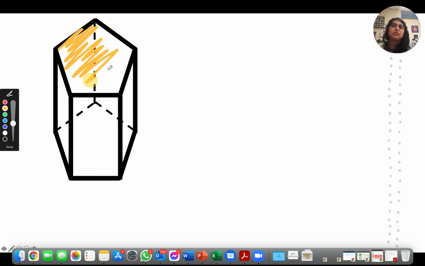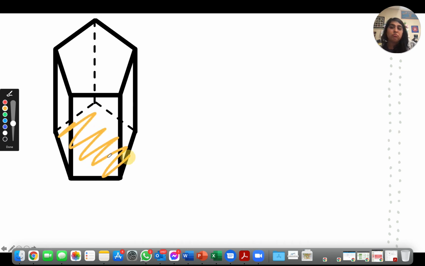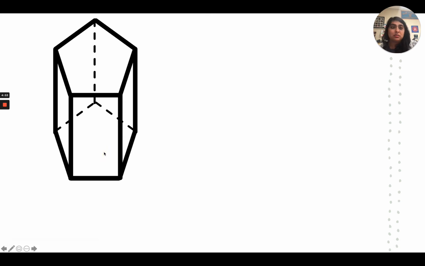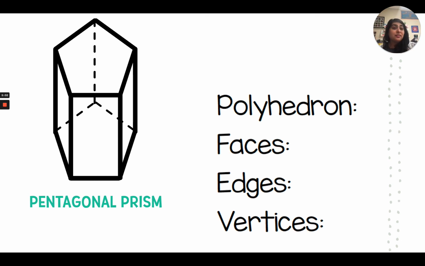So notice, here's my base, which is why we're saying this is a pentagonal prism, because those 2 pentagons are our bases of this prism. Because we've got sharp edges, flat surfaces, and they're all polygonal faces, yes, it's a polyhedron. There are 1, 2 faces and 5 on the lateral, which means we've got 7 faces.